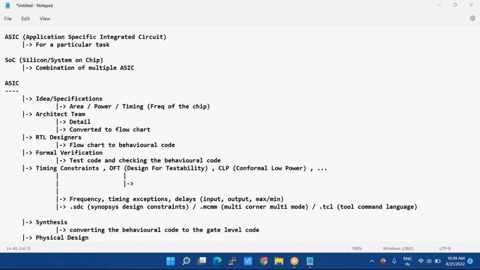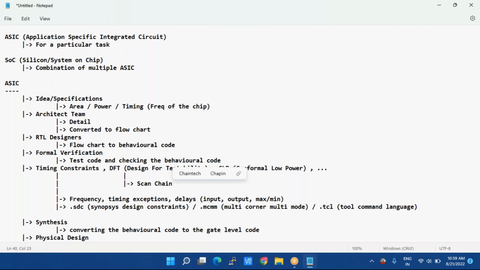Stuck at 0 or stuck at 1, I will be able to find and verify using this DFT stage. For these DFT checks, there is a term called scan chain that gets implemented. A scan chain is back-to-back flop connections, which is used to test the functionality of the design.